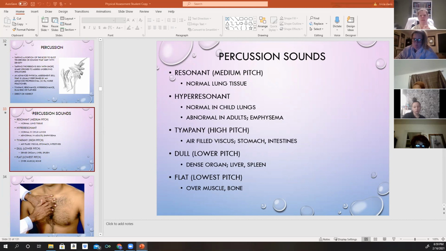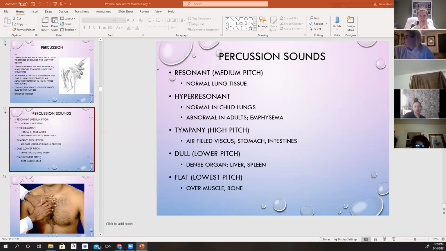Resonant sounds, that medium pitch, is what you hear if you were listening to normal lung tissue. That hyperresonant sound is going to be a normal sound that you hear in a child's lungs. If you hear it in adults, it's abnormal and it would be a sound associated with emphysema. I've never heard that sound myself yet.